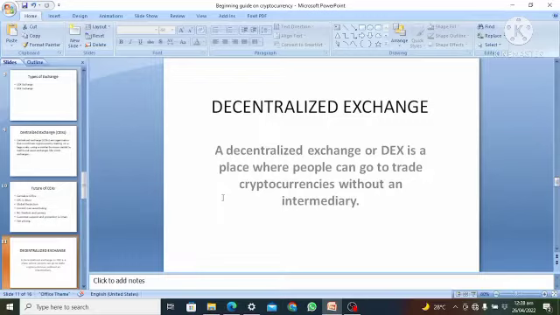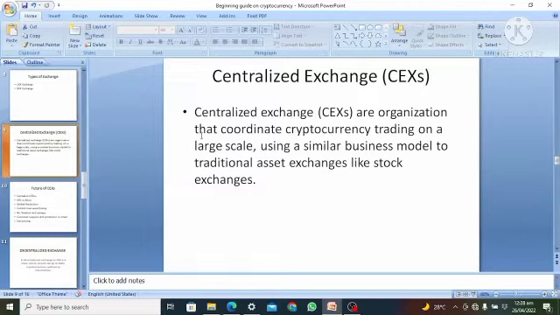So we are going to see the features of decentralized exchange, because we talked about centralized exchange, which we said has an office and a location. Centralized exchanges are organizations that coordinate cryptocurrency trading on a large scale.